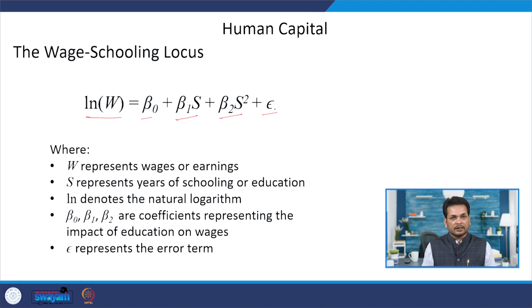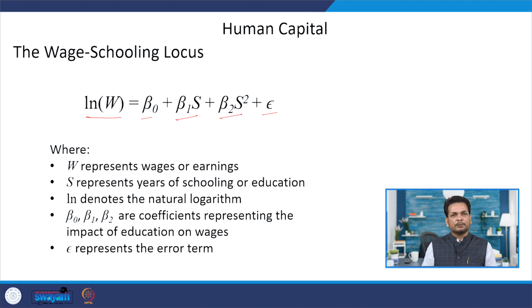Here S represents the years of schooling or education, log represents the natural log of the wage rate, and epsilon is the error term in this equation. Beta 0, beta 1, beta 2 are the coefficients, they represent the impact of education on wages.